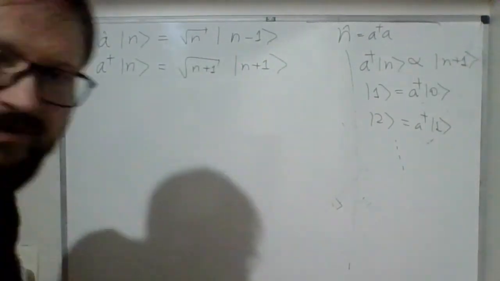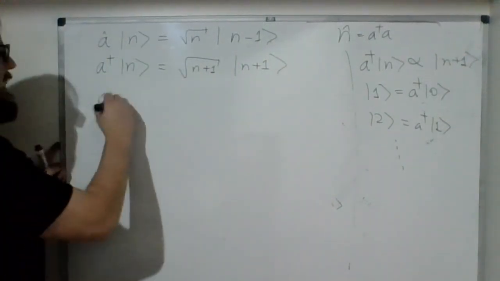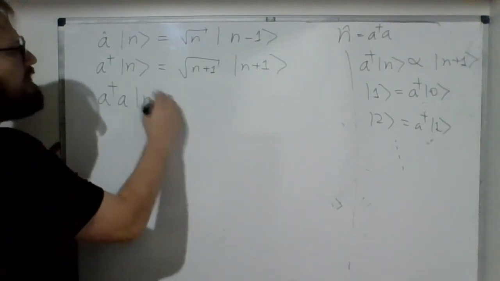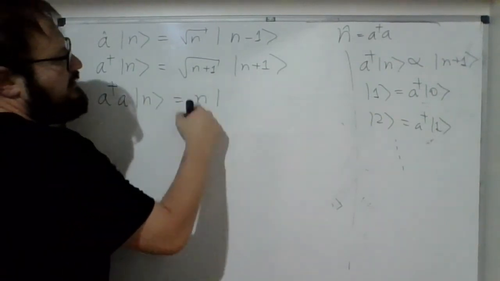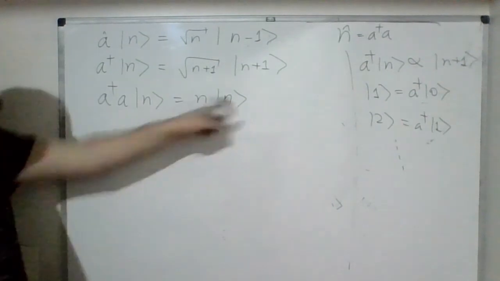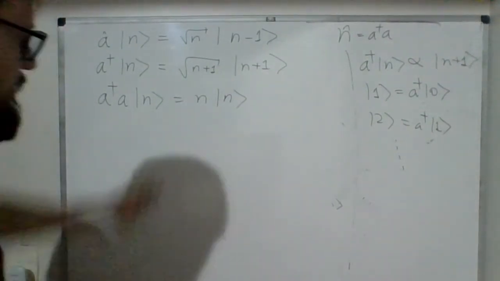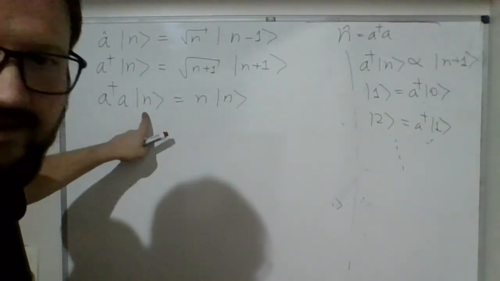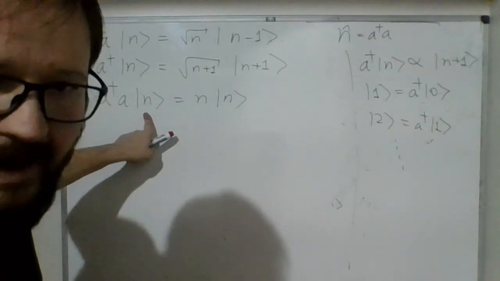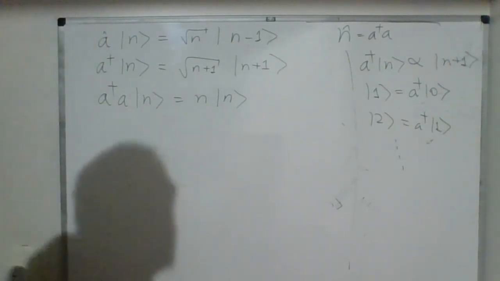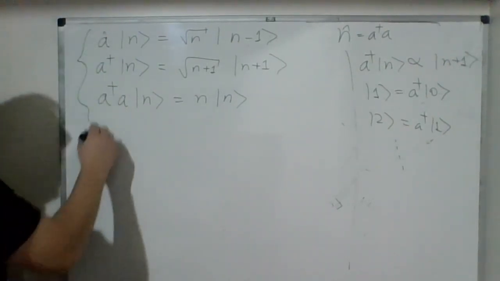Notice the distinction. And when you apply them in sequence, you can show, we already used that, that you get the number times the eigenvector. These vectors here are eigenstates of the number operator. All right, this is the number representation.